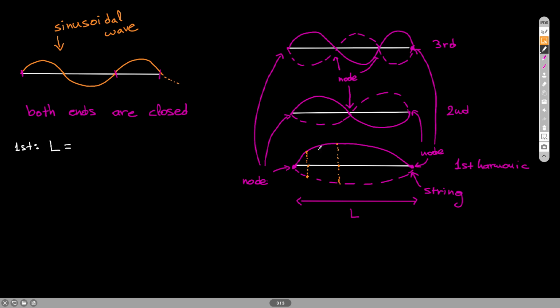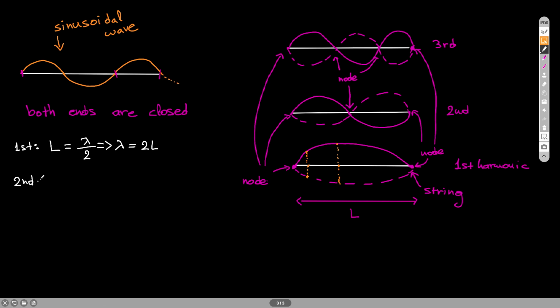Well, this is half of a wavelength, because the full wavelength would be going here and then coming back. So this is half of the wavelength, which means solving for lambda will give me 2L. This is the wavelength of the first harmonic, 2L.